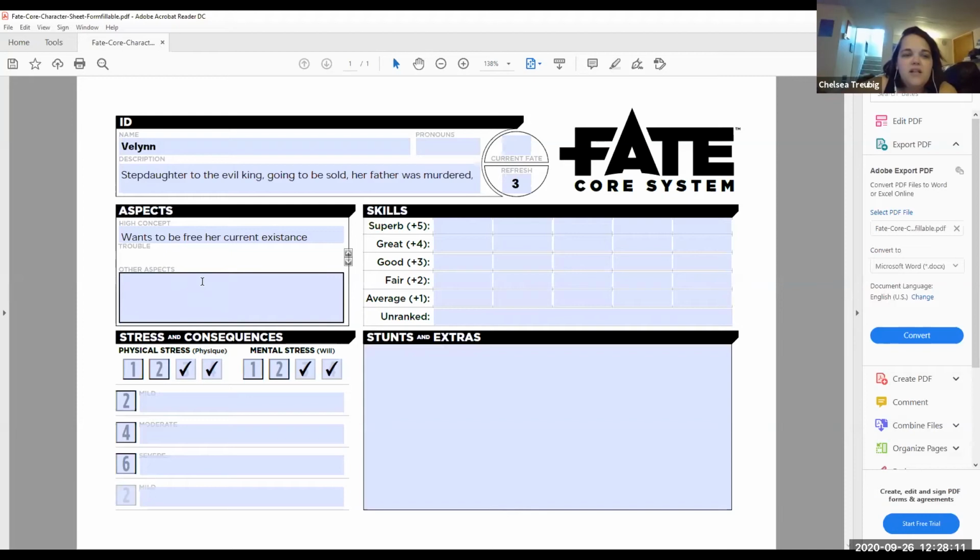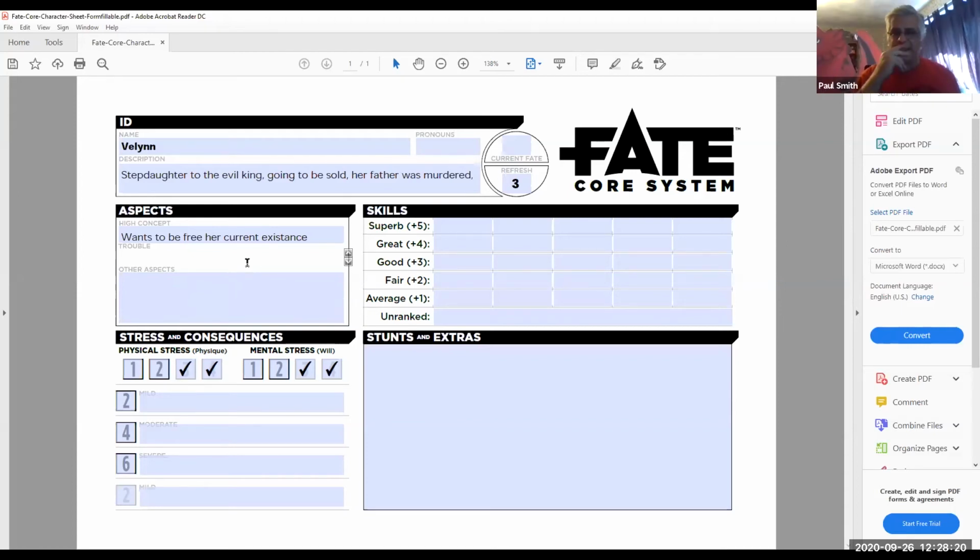Her trouble aspect is probably her shelteredness. She's been locked up, she doesn't really know much about the world. She only has one ally that she knows of, and she can't trust anybody else. Okay.